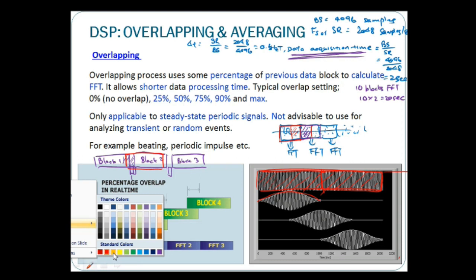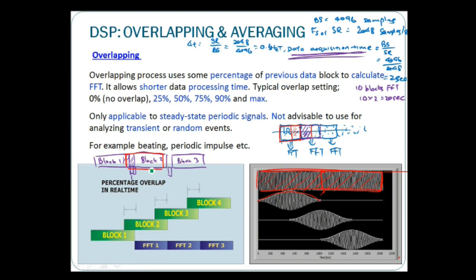Because they are sharing signals. If you assume this signal is steady over time, then sharing has no issue. One block of signals, you use it or you share it with this one. If you look at these time signals, let me erase it.